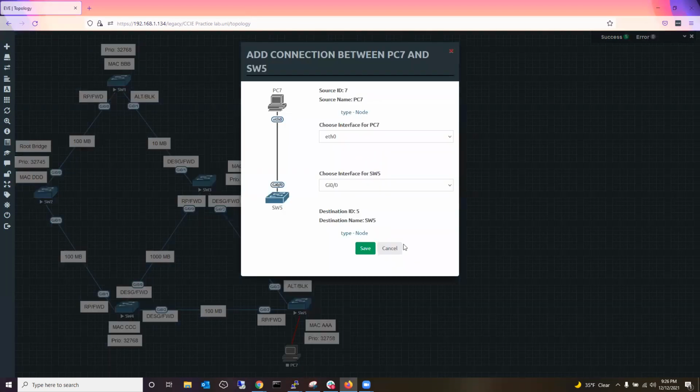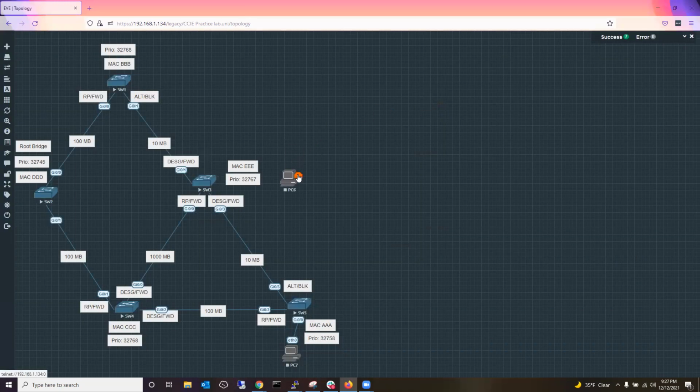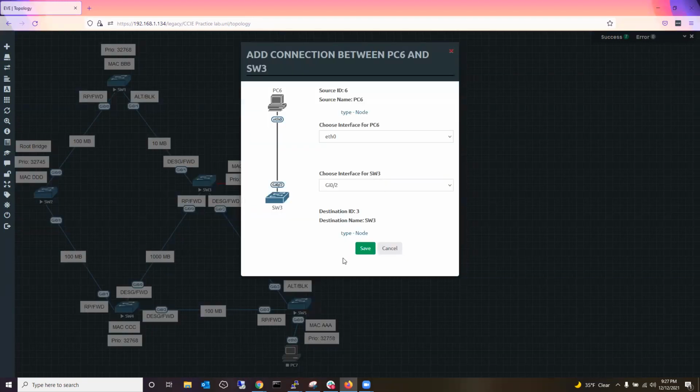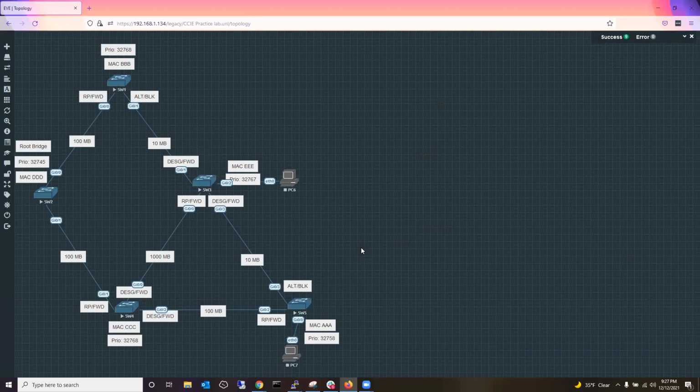So if I have a PC plugged right there, and let's say switch 2 is my path out to the internet, to the world. What path would PC 7, Carlos, take to get towards the internet?